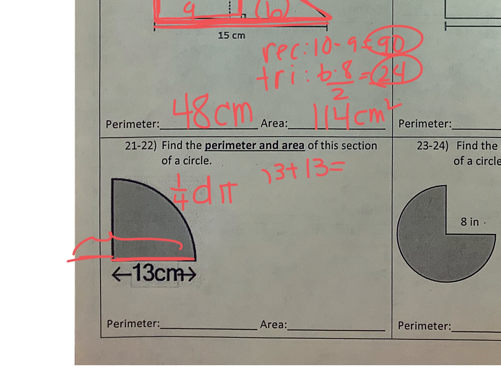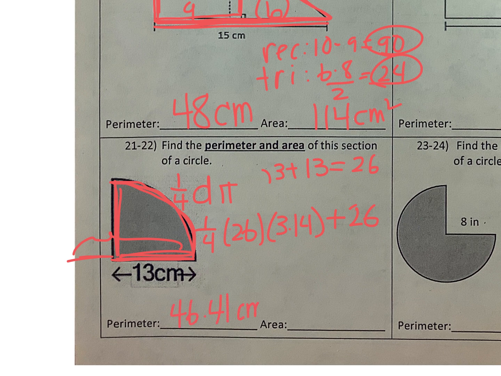I'm going to have a diameter of 26. So I have 1/4 times 26 times pi. That just gives me the curved part. So then I've got to add back in 26, which is 13 plus another 13, to go around the whole thing.